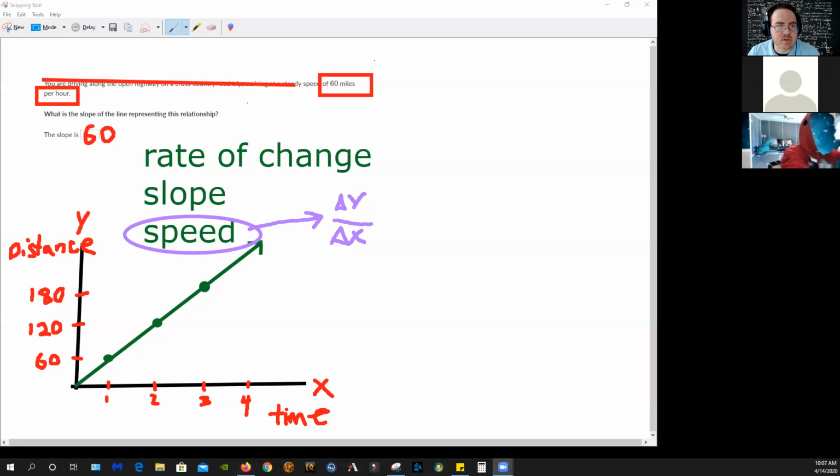So when we say the word speed, we are specifically talking about a change in y over change in x, where the change in y is distance and the change in x is time. That's why every road sign you've ever seen is miles per hour.